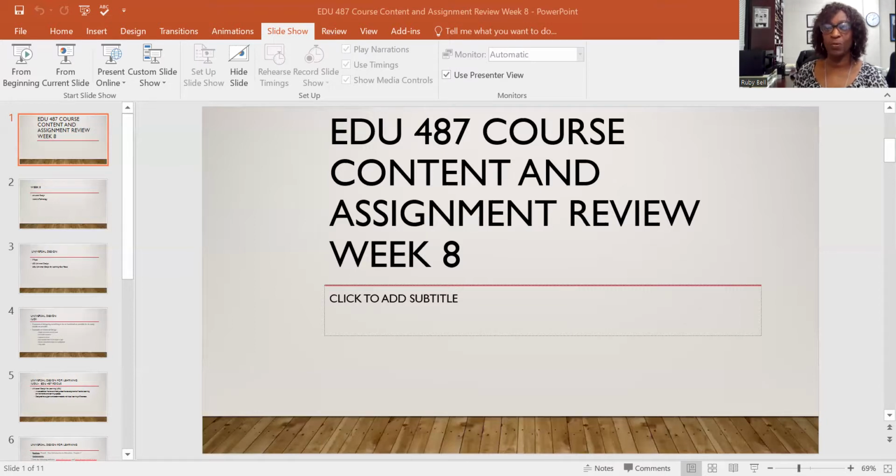Upload your PowerPoint, of course, to your Moodle assignment portal. You must have at least 10 slides. I will accept more if you need more, but at least 10. You should have an introductory slide with your name and of course the topic of assistive technology. And make sure that you include the definition of assistive technology within the 10, in your introductory slide, and make sure you have a reference slide, okay?